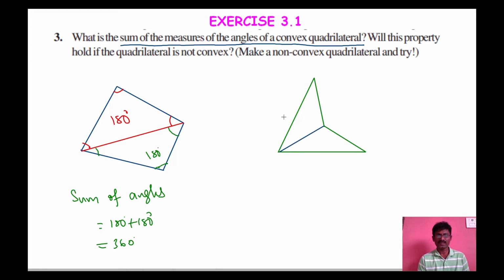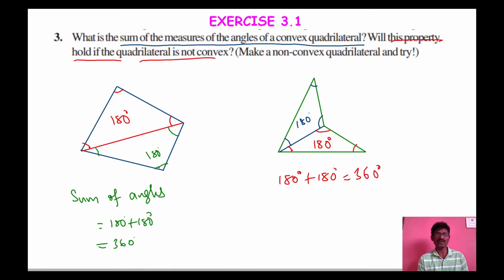Clearly the sum of angles here is 180 degrees, and in the next triangle also the sum of the angles is 180 degrees. So 180 degrees plus 180 degrees is also equal to 360 degrees. So we can say that this property holds if the quadrilateral is not convex also.